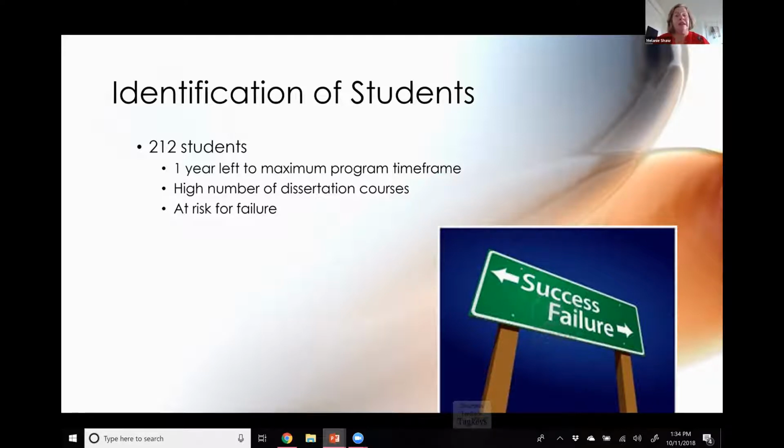We'd let these students persist in the program despite these at-risk indicators. And so we identified that we did need to create for these students a special program to help provide them with the support that they likely needed to help them be successful.